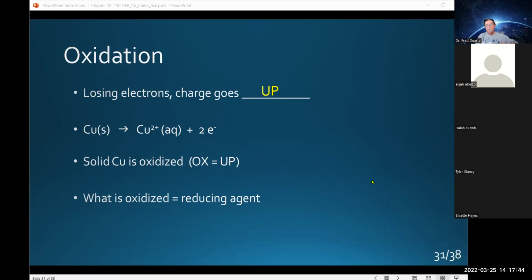Because they are the ones that give up the electrons for somebody else to pick them up. Sort of like a ticket agent. You know, a ticket agent's got the tickets for you to buy, right? So copper here is the reducing agent because it's offering up its electrons for somebody to use someplace somewhere. Okay.